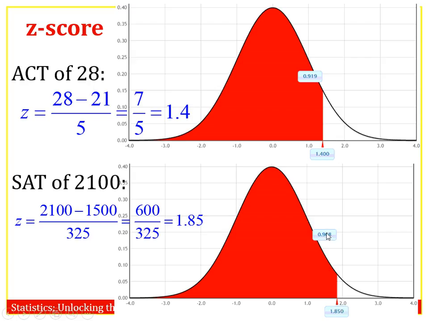In actuality, this is about 97%. So a z-score of 2100 is your 97th percentile, meaning a 2100 does better than 97% of the people that took the test. Whereas a z-score of 1.4 for your ACT 28 is only the 92nd percentile. But we'll talk about those percentiles a little bit more later.